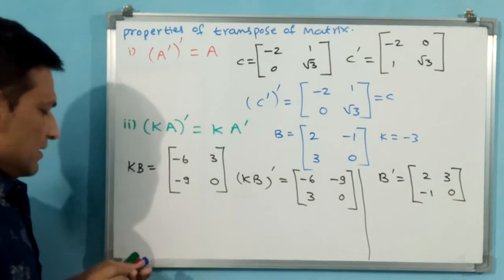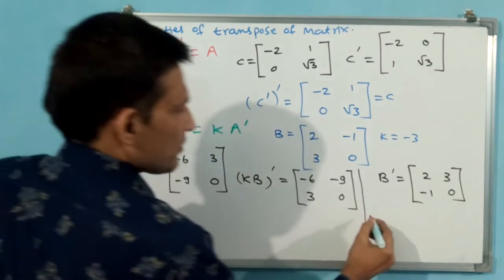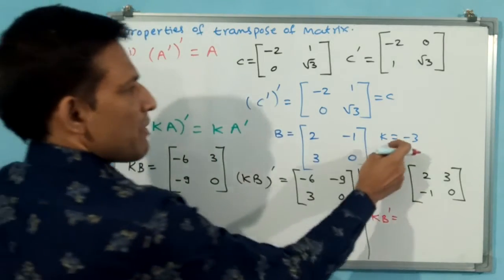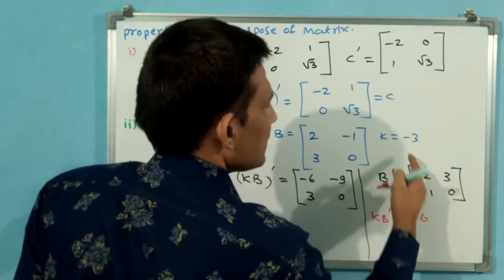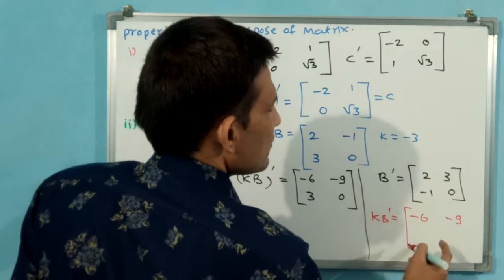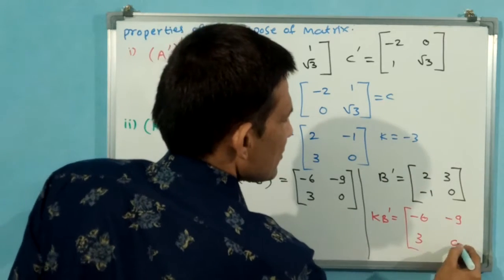Okay, now what you have to do? K into B transpose. K you know is minus 3. You multiply. Minus 3 into 2, minus 6. Minus 3 into 3, minus 9. Minus 3 into minus 1, plus 3. Minus 3 into 0, 0.